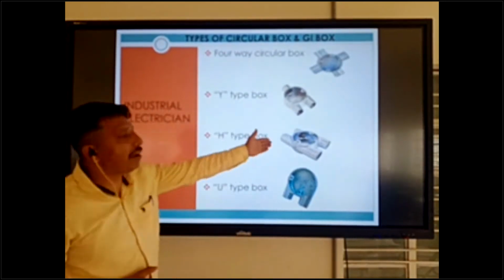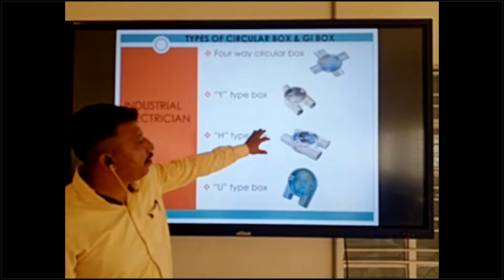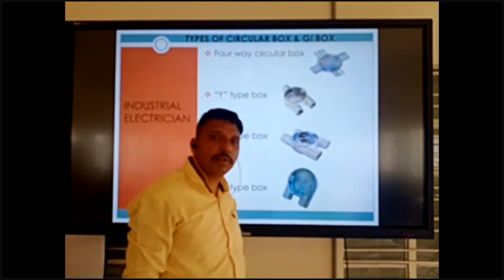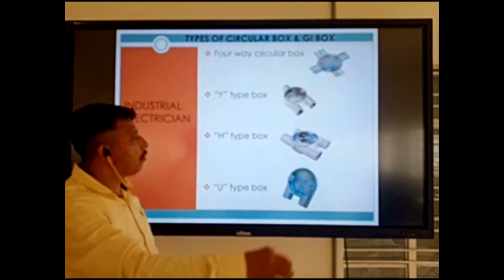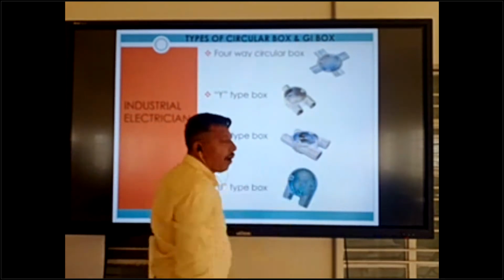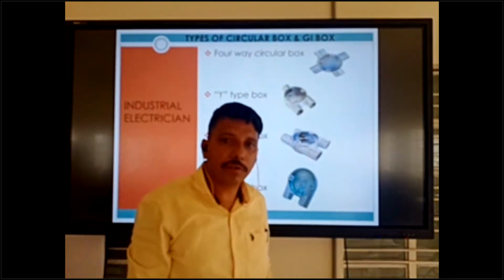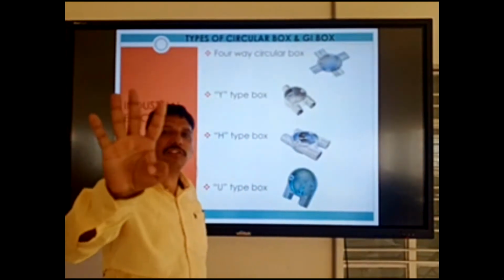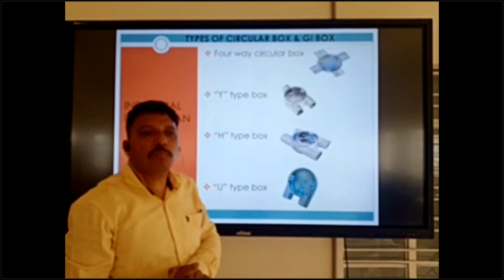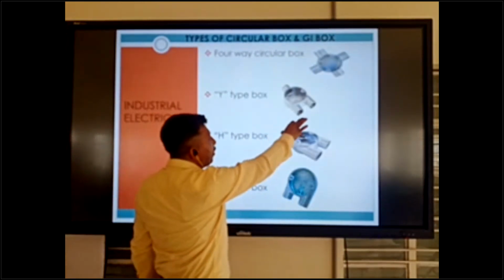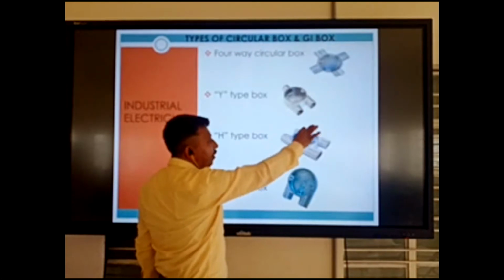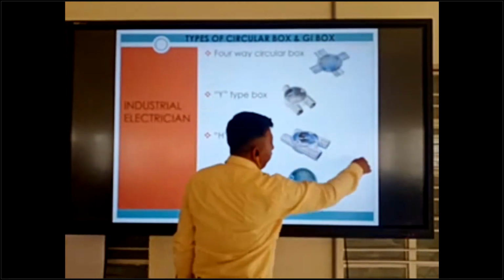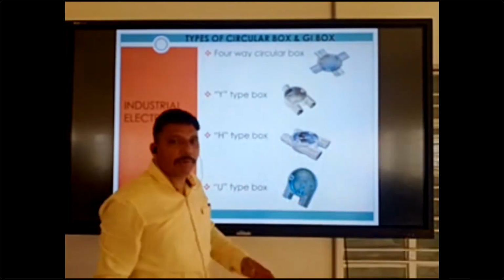Okay, and the H type box, somewhere you need this type of box also, in some places. This type of box is used mostly for the ring circuit, the power ring circuit. If you make a ring circuit, 6 wires are coming in different 2 pipes. So the main incoming from the DB we can use 2 pipes for, and the outgoing goes to the first point of the power socket, and this goes to the last point of the power socket.